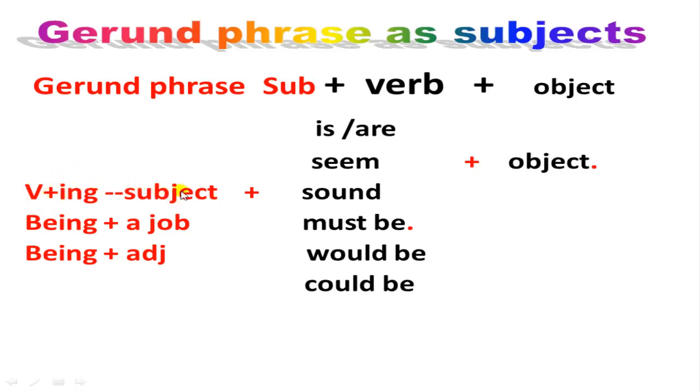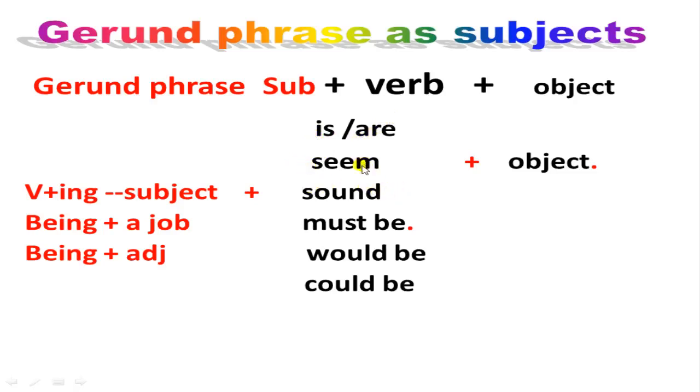This is gerund phrase subject. I could put being plus a job, being a teacher, being a doctor, being a web designer, being plus adjective, being nice, being a nice person, being a good guy, being, plus verb: is, are in plural, seem, sound.